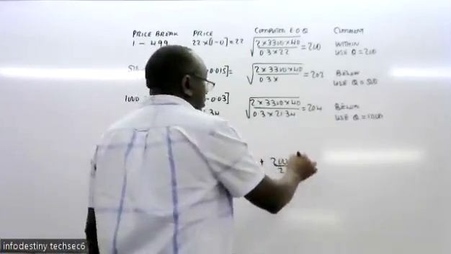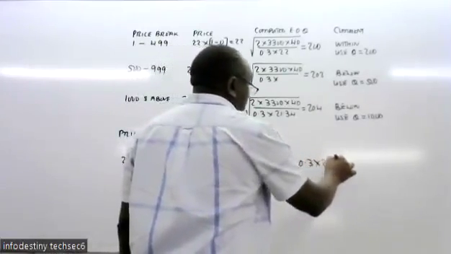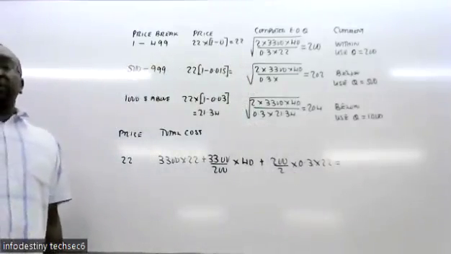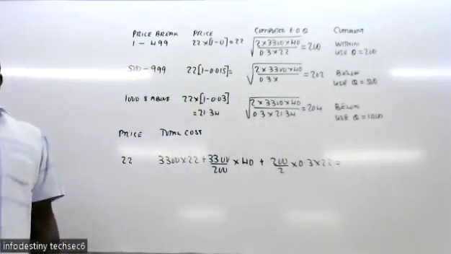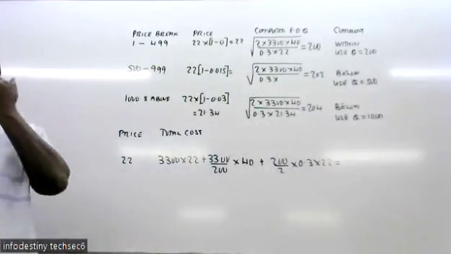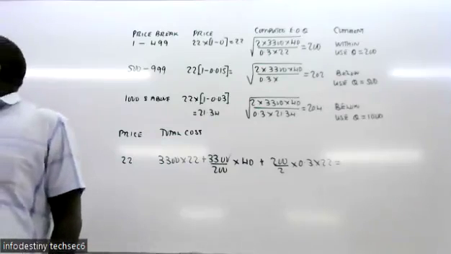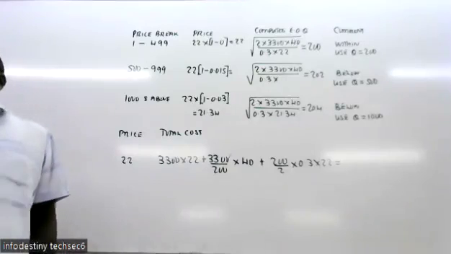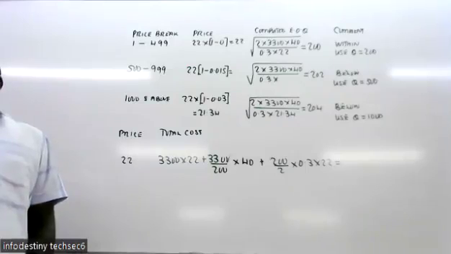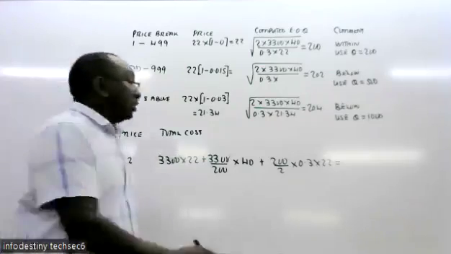Multiplied by H is 0.3, multiplied by 22. That gives 3,920.